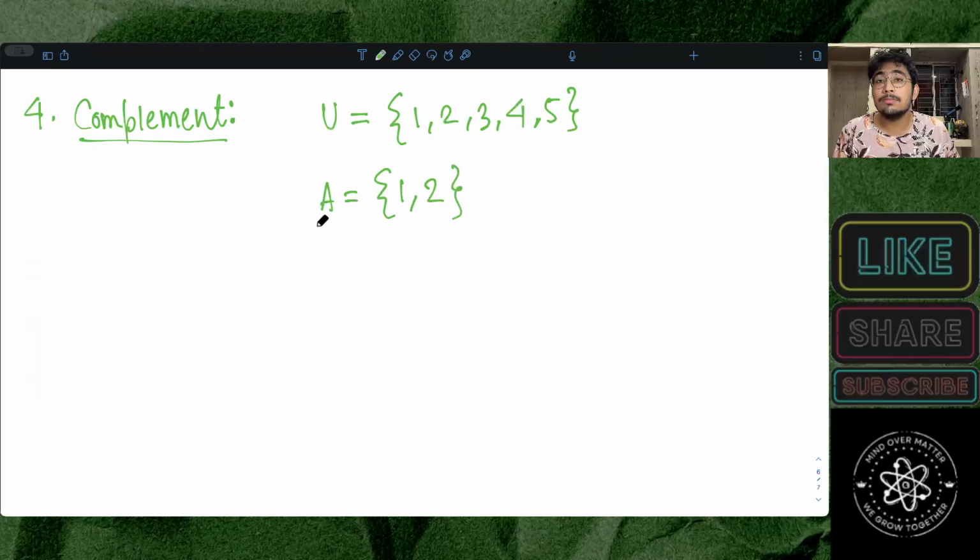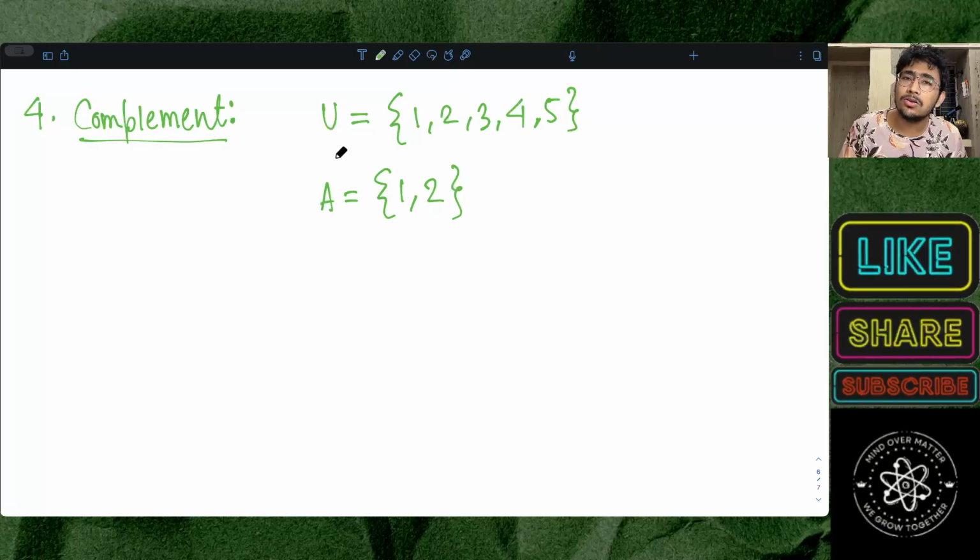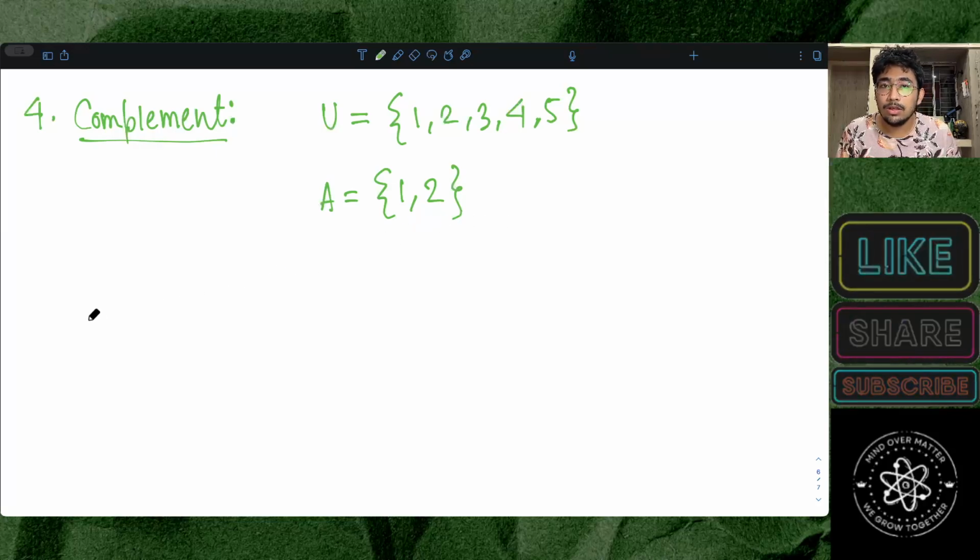Remember that as we have set our universal set as 1, 2, 3, 4, and 5, all the sets that we are going to talk about under this problem must be a subset of this universal set. That means it cannot contain any other elements than 1, 2, 3, 4, and 5. So suppose A is a set 1 and 2.